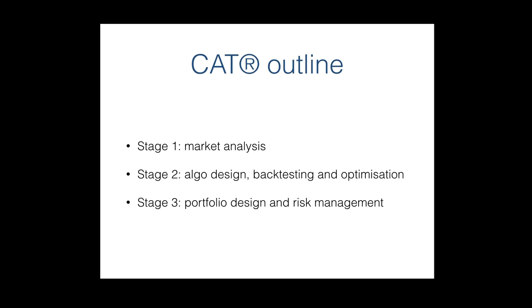So the CAT, or Certified Algorithmic Trader program, can be outlined in 3 stages. The first stage, or the first part of the program, is completely dedicated to market analysis.